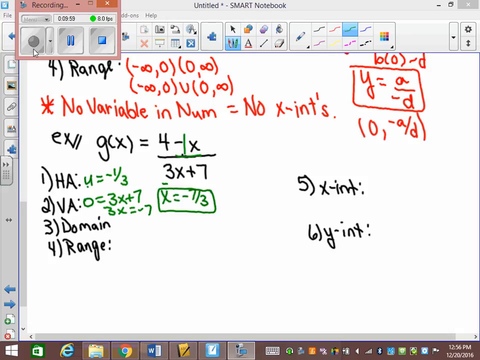The domain, if set theory, it's really set notation, it's easy. X can't equal negative 7/3 because that's where your asymptote is. And if it's range, y such that y can't equal negative 1/3.